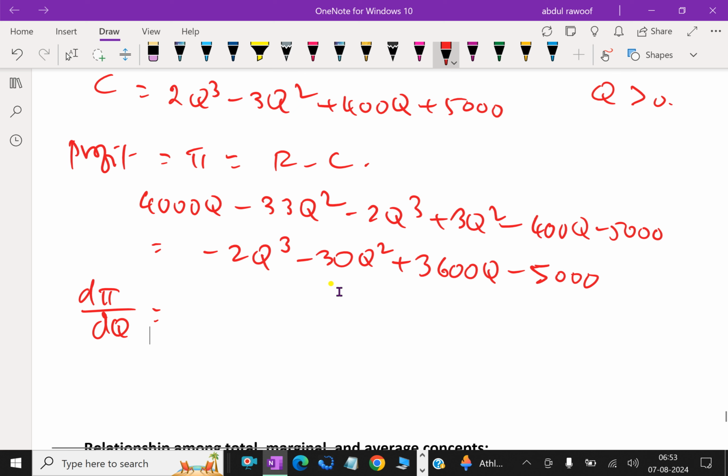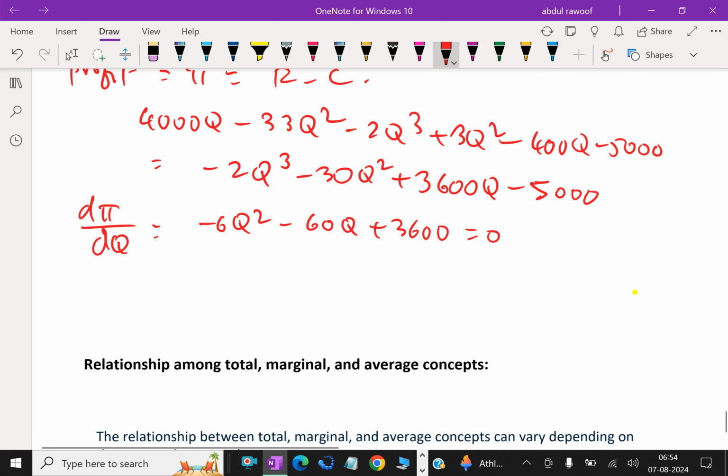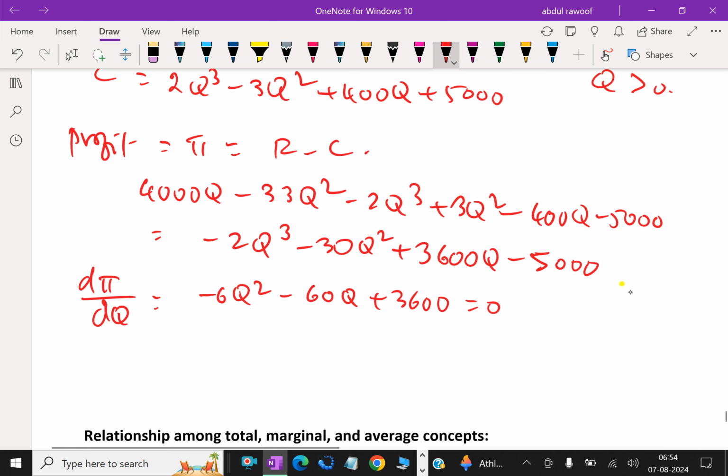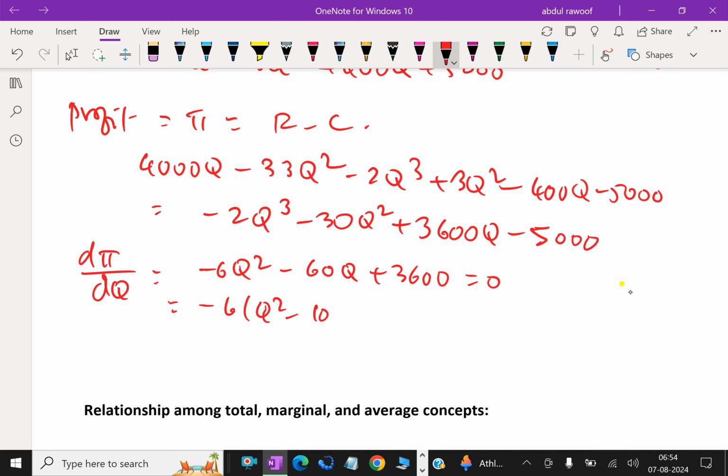This gives minus 2 into 3 is minus 6q square, minus 2 into 30 is minus 60q, plus 3600, and 5000 becomes 0 because the differentiation of a constant is zero. Now equating to 0, we take minus 6 as the common factor: q square minus 10q plus 360 equals 0.